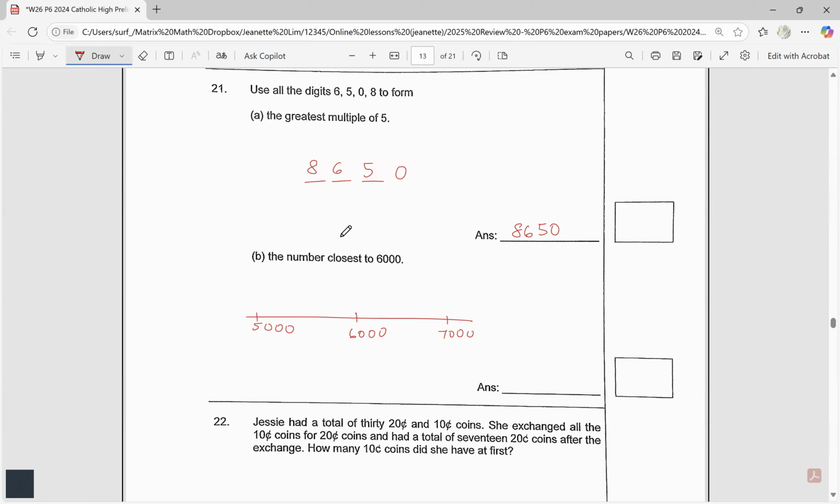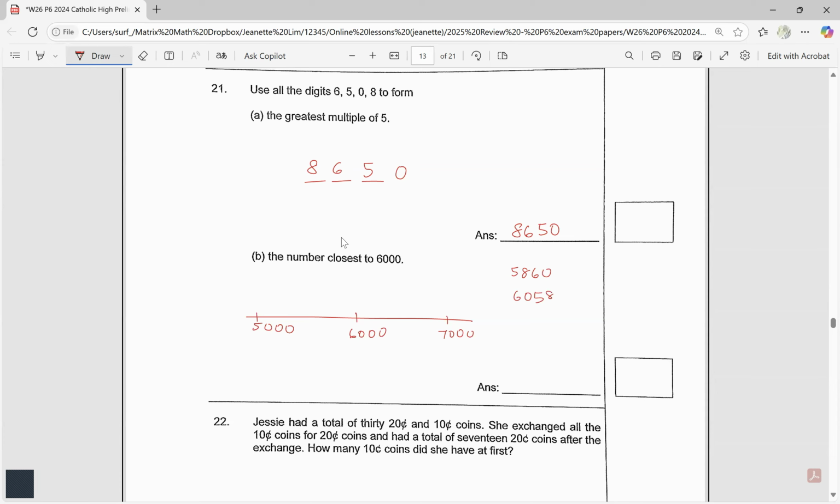Then the other one will be 6,000 something. So we have 5 as big as possible. 5, 8, 6, 0. And after 6,000 will be 6 as small as possible. So 6, 0, 5, 8.